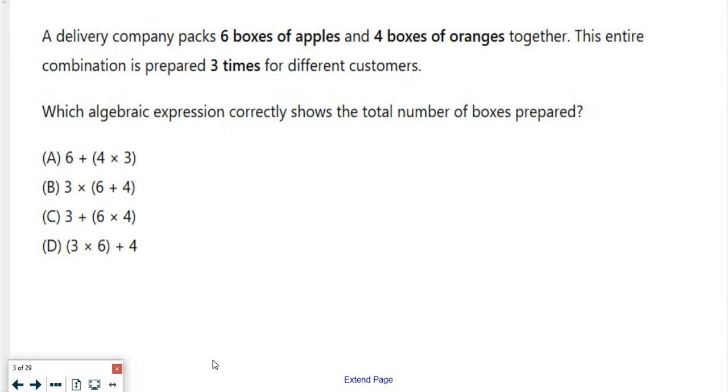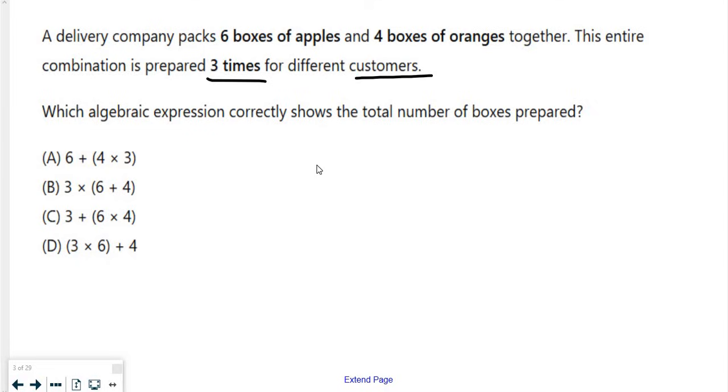A delivery company packs 6 boxes of apples and 4 boxes of oranges together. This entire combination is prepared 3 times for different customers. Which algebraic expression correctly shows the total number of boxes?